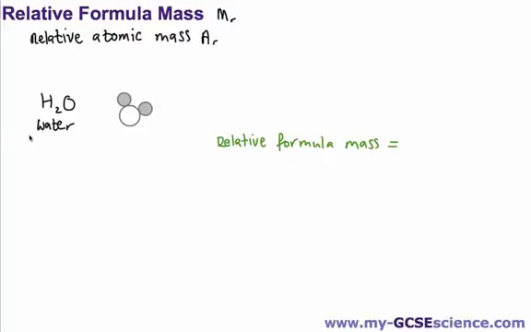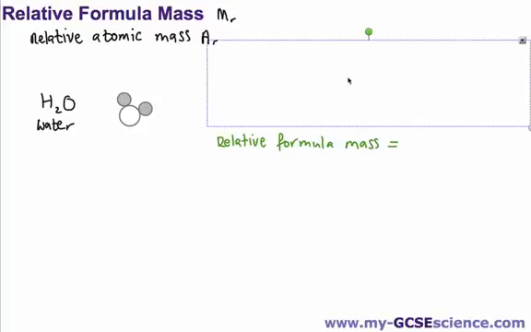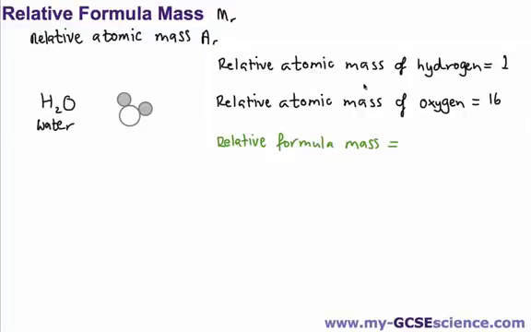So here's a compound, it's water. How would I find the relative formula mass? Well, we need an extra bit of information, and that is the relative atomic masses. For hydrogen it's 1, and for oxygen it's 16. So here's the molecule of water. We've got H2O. The 2 is to do with the hydrogen, so we've got 2 hydrogens.